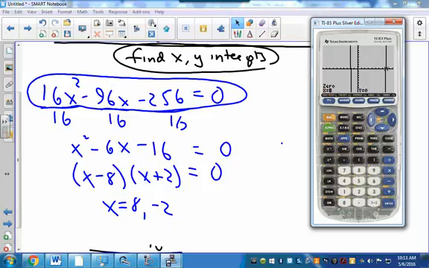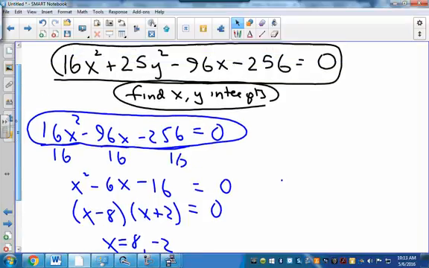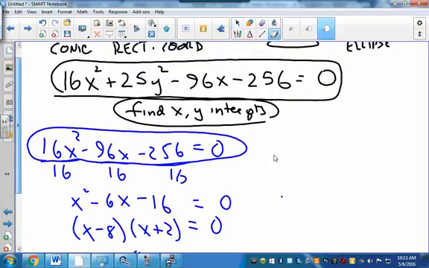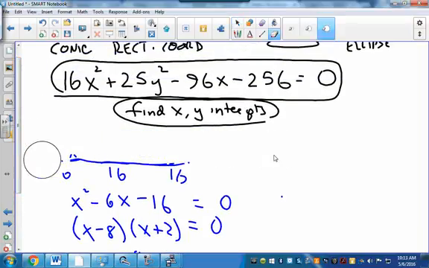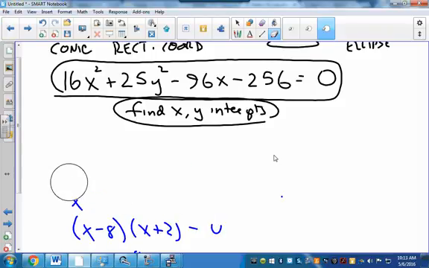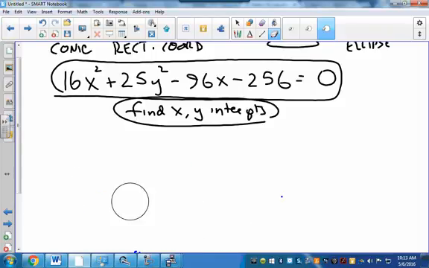Okay? How about y-intercepts? Anybody get an answer for that one yet? It's actually an easier problem. Right.